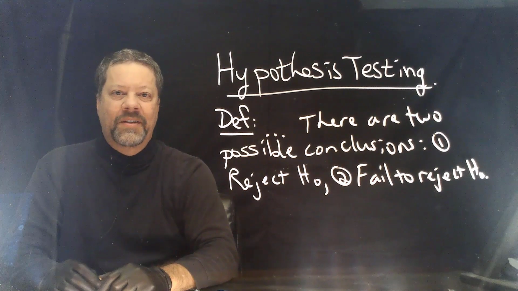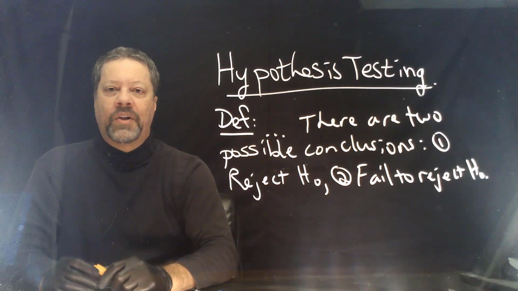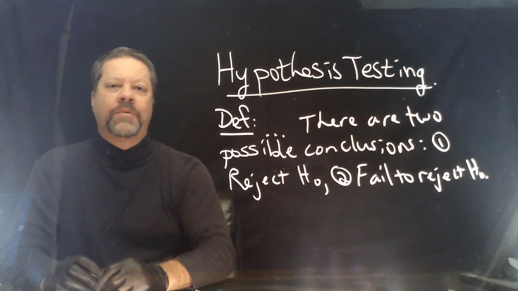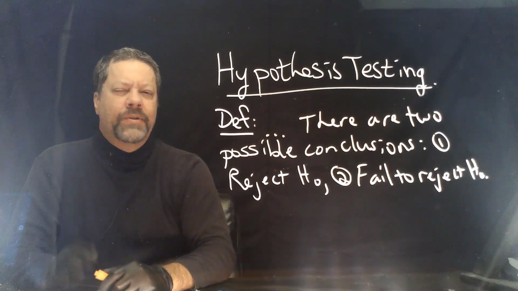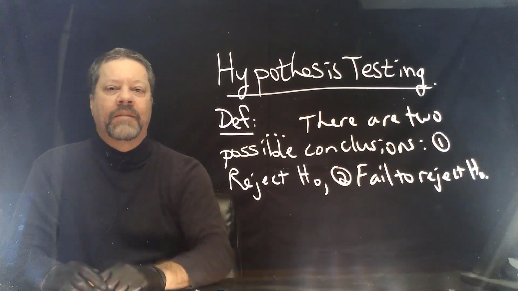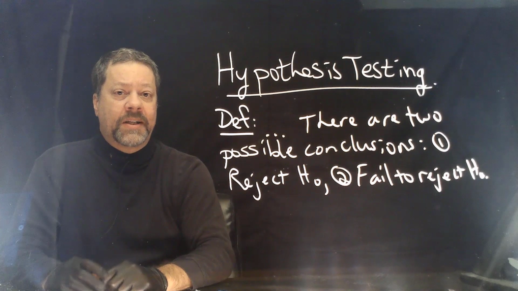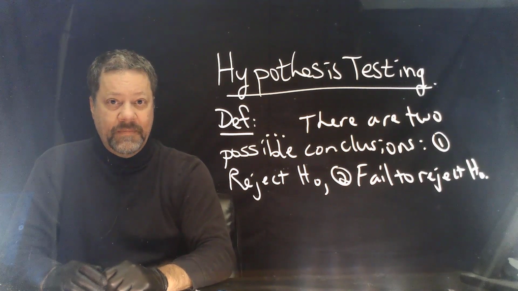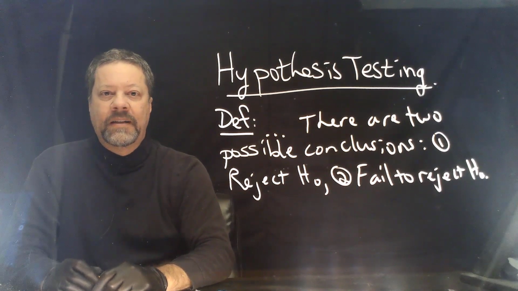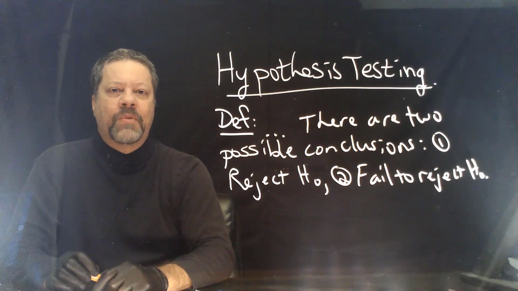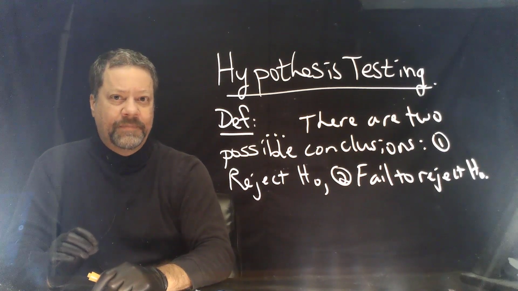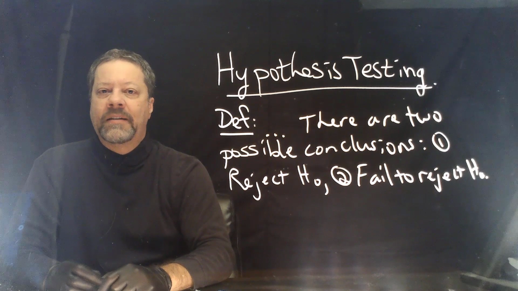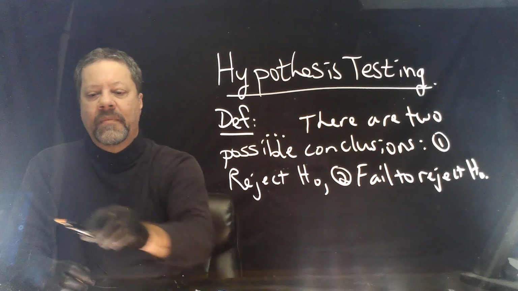In no case do we say that the null hypothesis is confirmed or that it's true. Truth is not part of what we're doing here. Everything we do in statistics is about probabilities, not about truth. And so it's about confidence more than it is about belief. How confident are we in our conclusions?